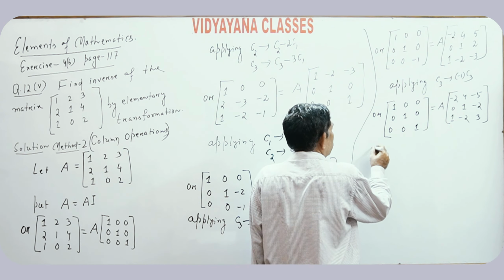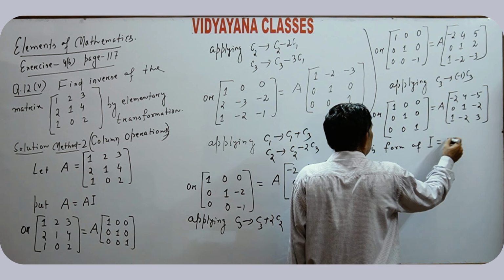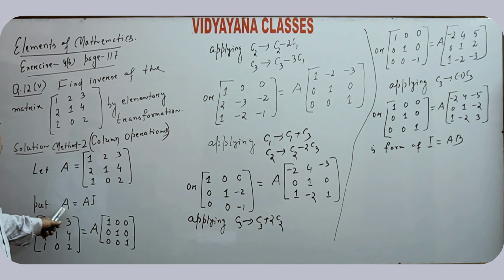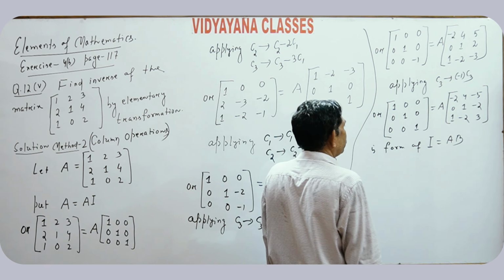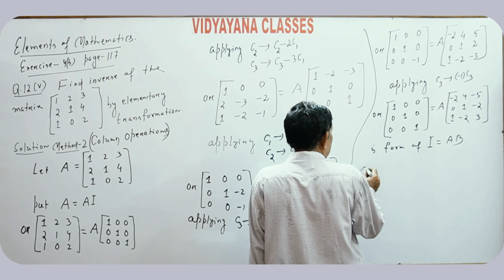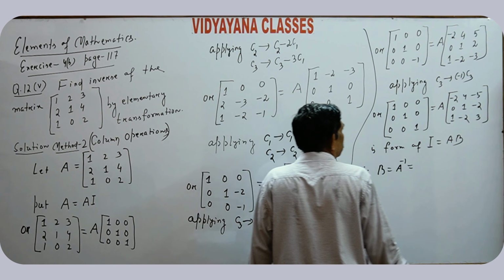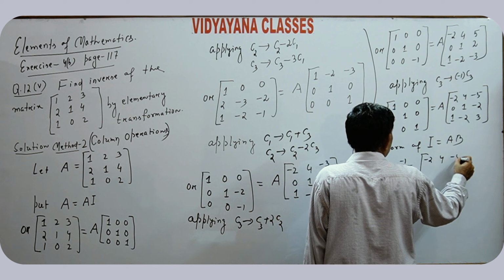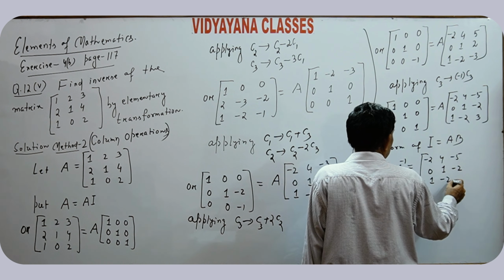Is the form of I is equal to A into B. When A is equal to AI takes the form of I is equal to AB, then B is called the inverse of A. Therefore, B is equal to A inverse, which is minus 2, 4, minus 5, 0, 1, minus 2, 1, minus 2, 3.